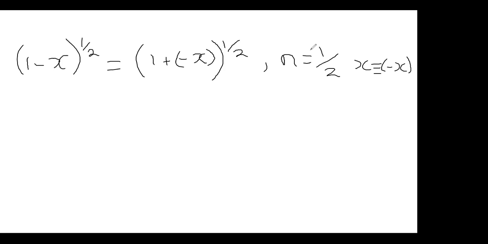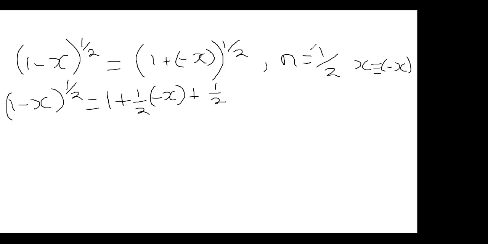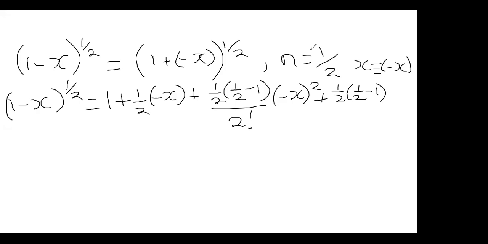So we're saying 1 minus x to the power half is now equal to 1 plus n, which is half, and x is negative x, plus half times half minus 1 over 2 factorial, then negative x to the power 2, plus half times half minus 1, half minus 2 over 3 factorial.